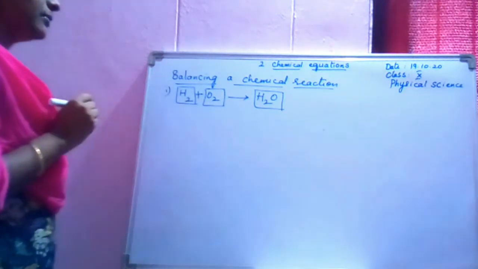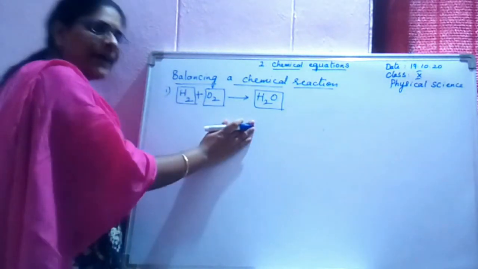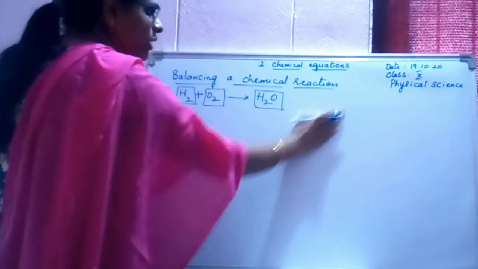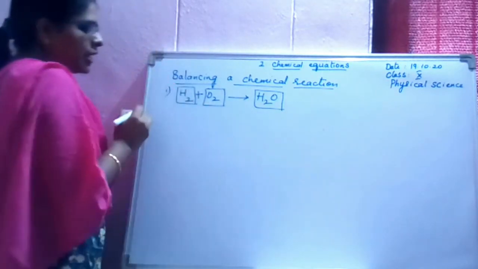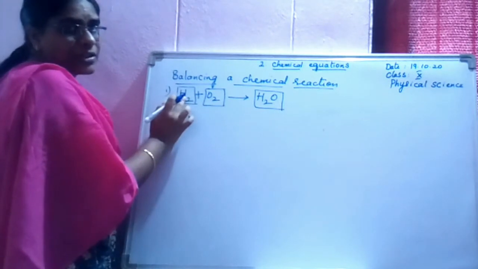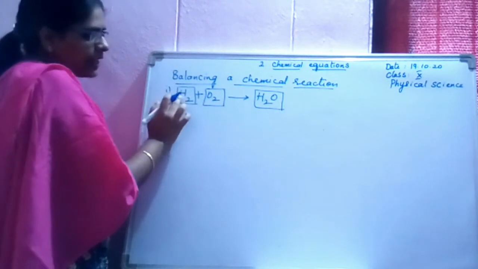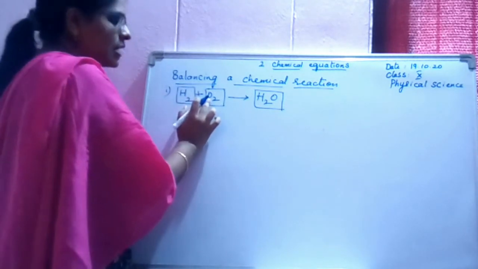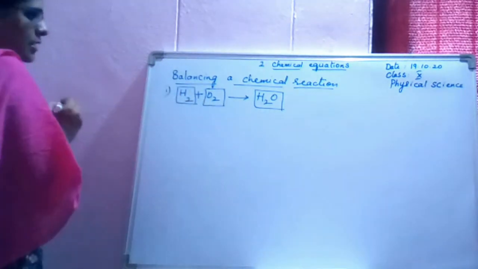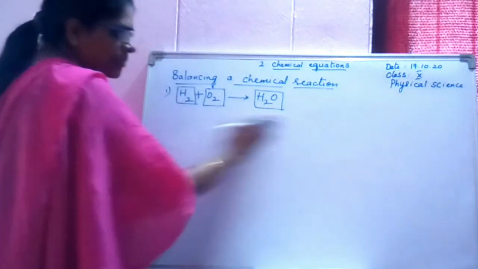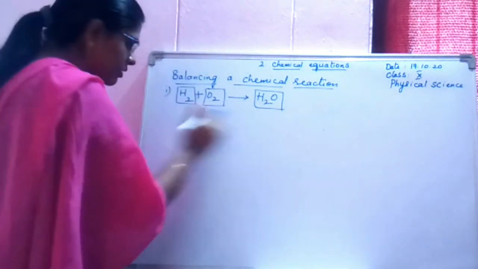Now here, for balancing, I will show you one equation. Look at here. H stands for which element? Hydrogen. O stands for oxygen. First thing is, first write what are the elements in the given reaction.